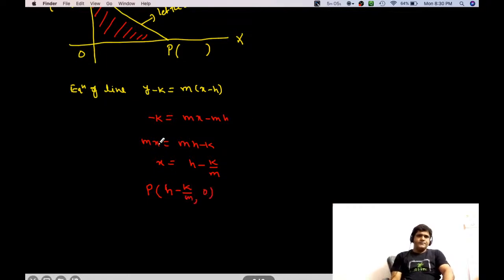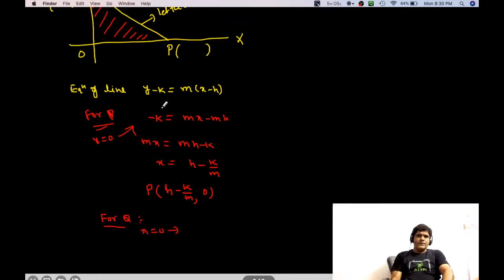Similarly, find where the line intersects the y-axis. On the y-axis x is 0. For P we put y equal to 0; for Q, put x equal to 0.